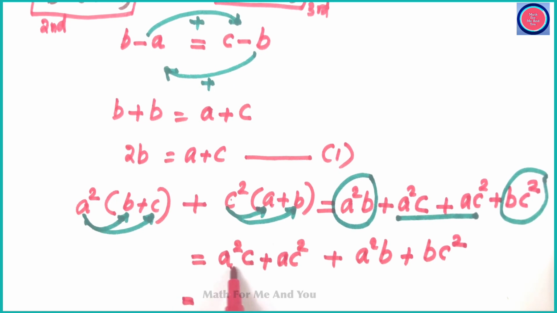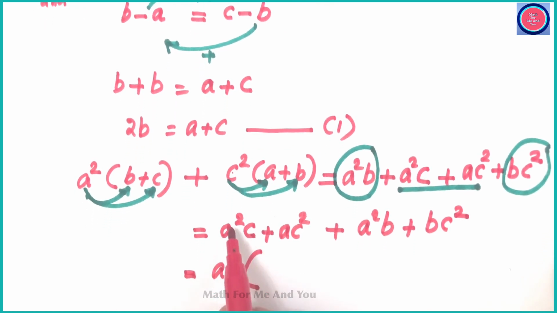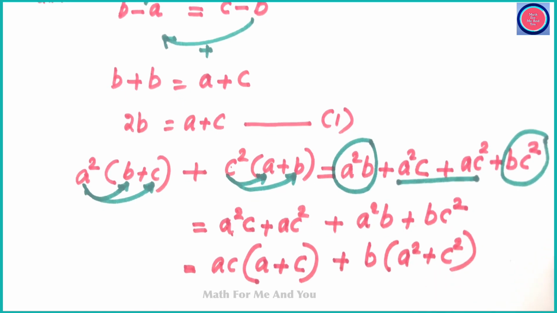First two terms, what is common factor? ac. So we can write ac first and then open a bracket, ac outside. So what is inside? a plus c. Last two terms, what is common? b is common. So we can write there a square plus c square inside the bracket, b is common factor outside.